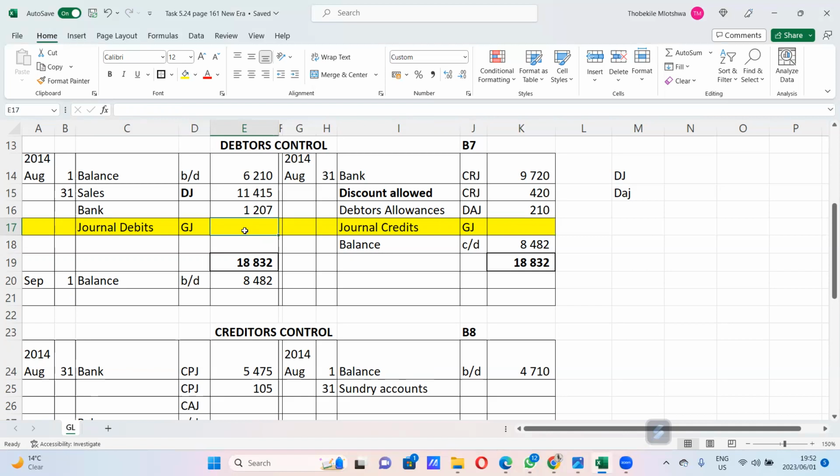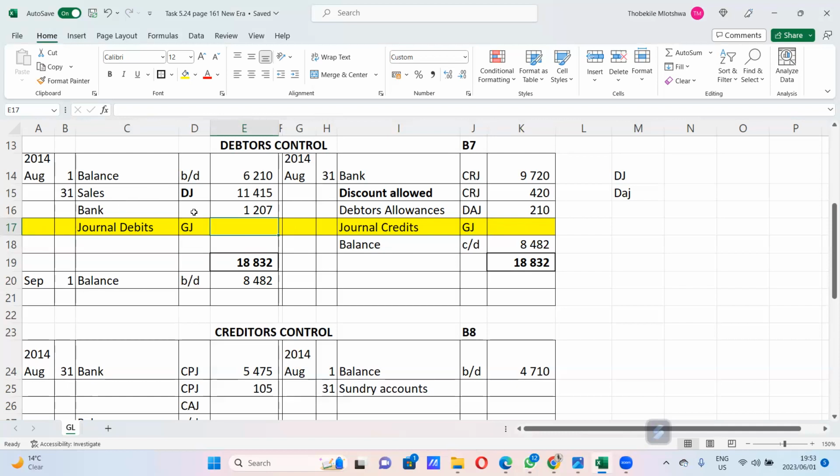So we put the debt back on the person we were not supposed to take the amount from, and then remove it from the right person. That's one thing you can put on there. The other thing is if the debtors are late and we want to charge them interest. So correction of error or charging of interest, or bad debt, we want to write off a bad debt. So do you agree? Yeah, so that's what we would also include there.